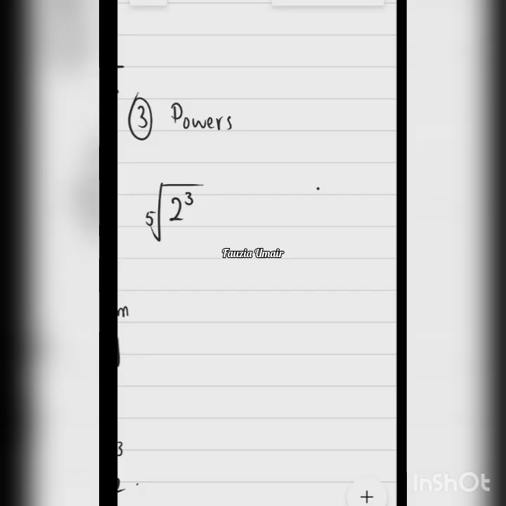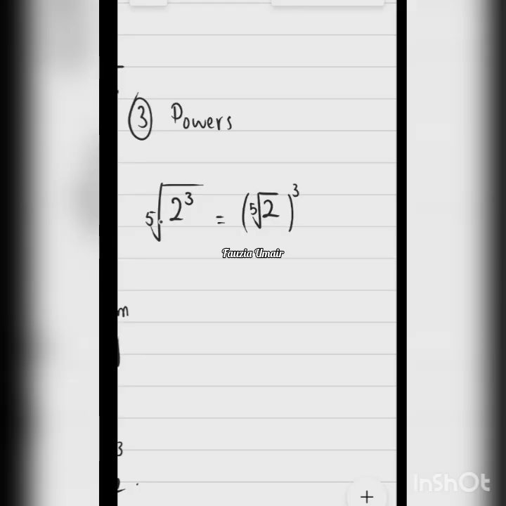This law says it does not matter whether you take the radical first or the power first. You can rewrite this: now you can see the power is inside, but you can take it outside. You can write fifth root of 2, and the whole power is 3.